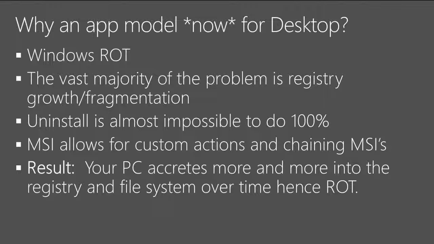Every application, when you install it, writes a lot of stuff in the registry, and that's okay, that's what we ask you to do, but this registry gets bigger and bigger. Every time we boot the machine, we have to load the HKCL and HKCU and the machine one as well. Things get bigger and bigger, so your machine slows down over time. And as I said, uninstalling that stuff is hard, if not impossible. So over time, your machine will degrade in performance.